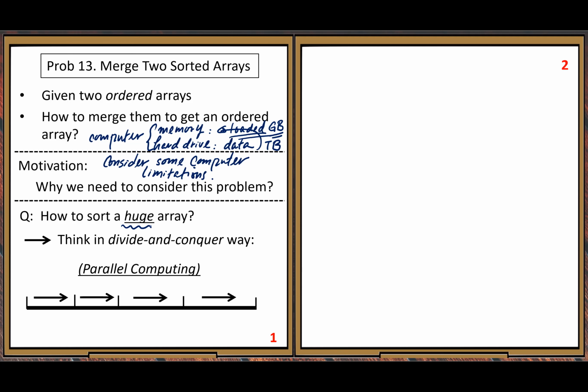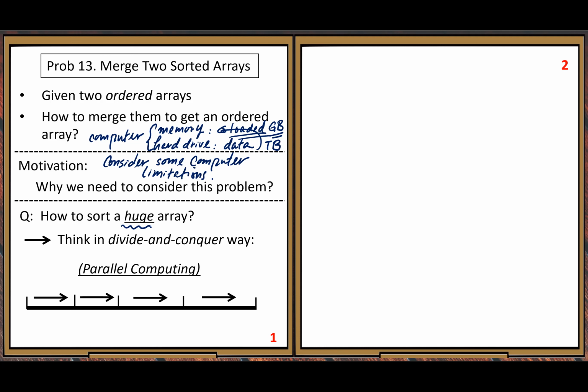Multi-core, think about a 128-core processor. In order to take advantage of parallel computing, we can split into subarrays and make those parallel processors do the sorting.